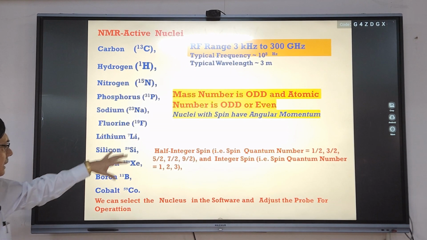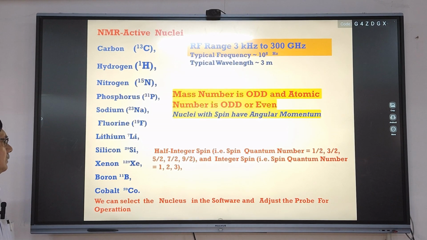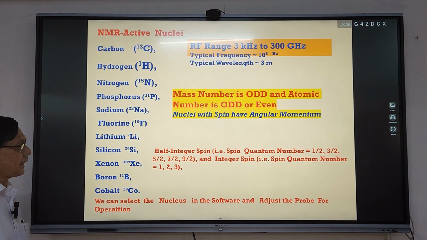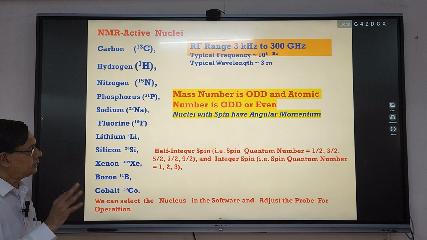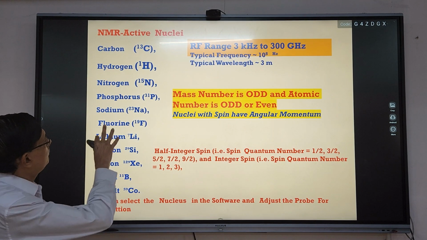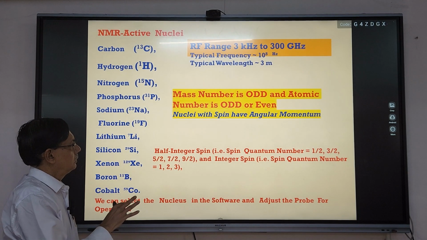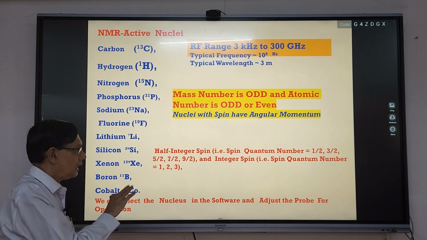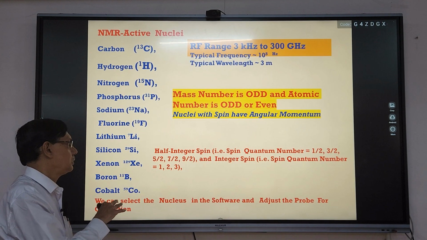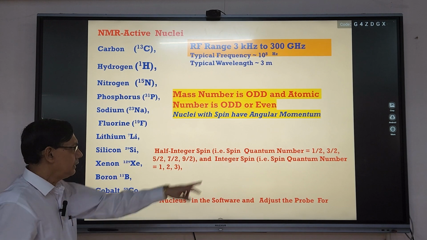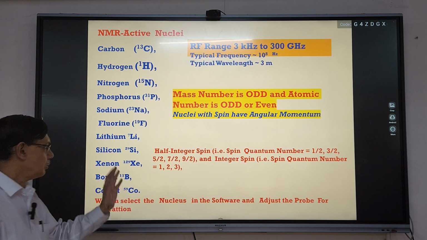Of course there are many other concepts, like natural abundance and magnetic moment, but you just consider that such NMR active nuclei must show spin quantum number half, 3 by 2, 5 by 2, 7 by 2, 9 by 2, or even some integer spin like 1, 2, 3.